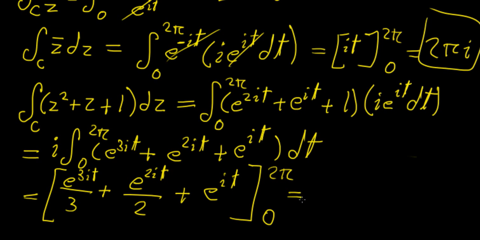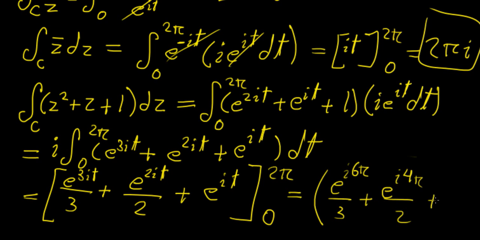And this is going to give us the following. We're going to have e to the i 6 pi over 3, because we have 2 pi times 3, plus e to the power of 4 pi i over 2, plus e to the power of 2 pi i, minus 1 over 3 plus 1 over 2 plus 1.